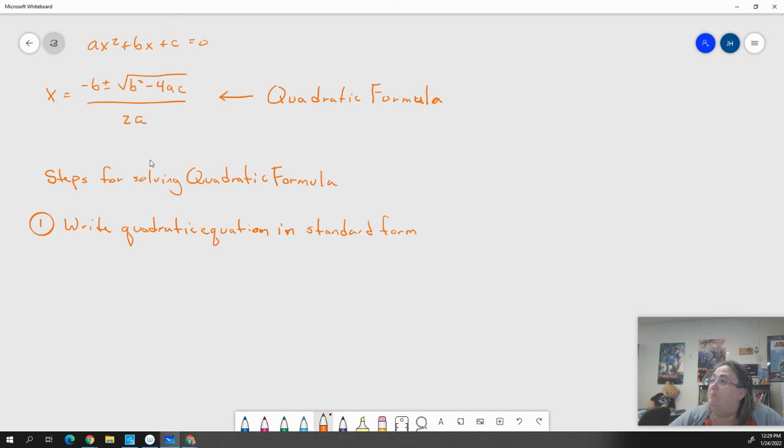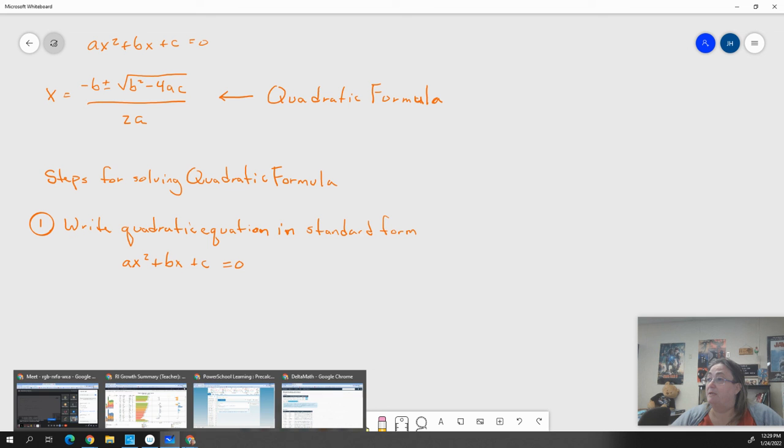What is the standard form? This up here, ax squared plus bx plus c equals 0. Basically, put them in order and set it equal to 0, right?